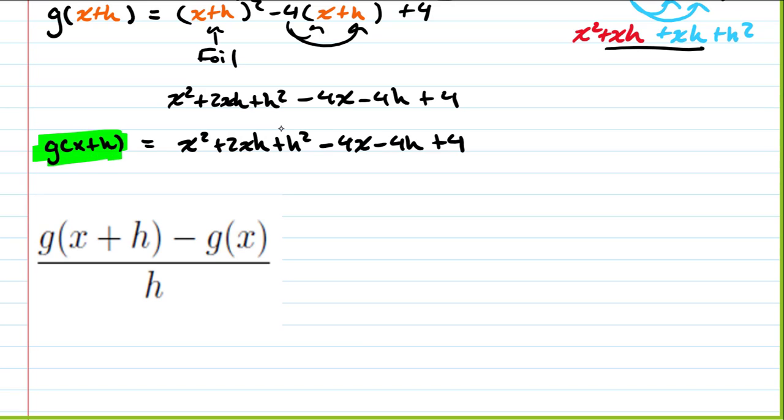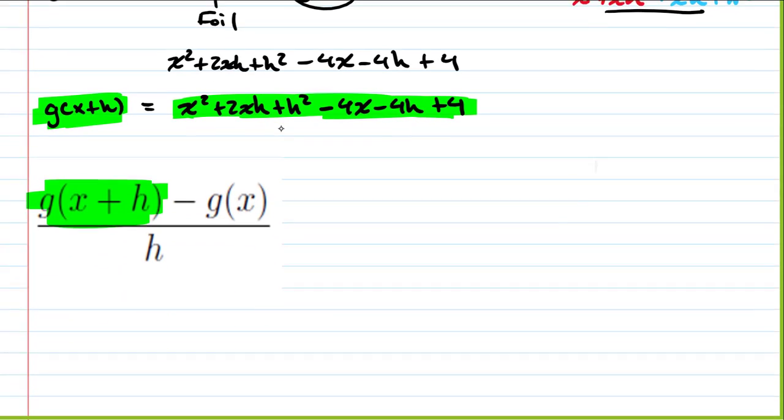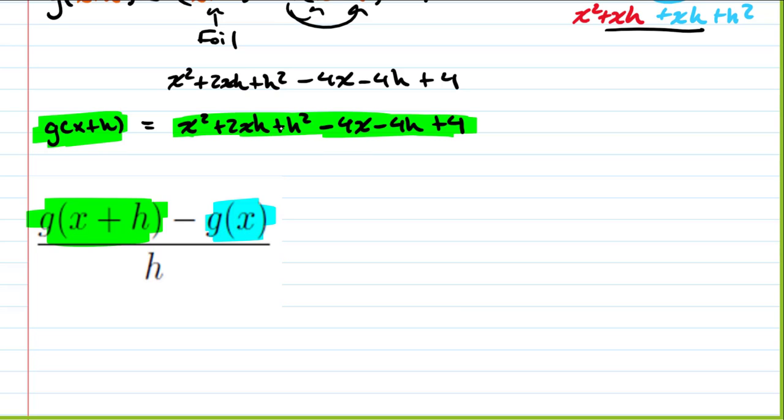So we just calculated g of x plus h. Well, that's this part of our formula. We are also going to need g of x. Well, g of x was our original function that was given, and that's going to go in here, and then h is just part of our formula.